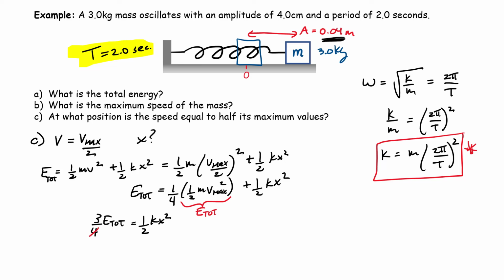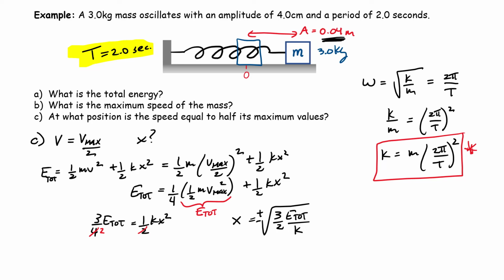Now you could factor out a 2 from each side, and you get an expression that says x is equal to 3/2 E total divided by that spring constant, and then take a square root, and you get plus or minus. There are two solutions. It can be on one side or the other.